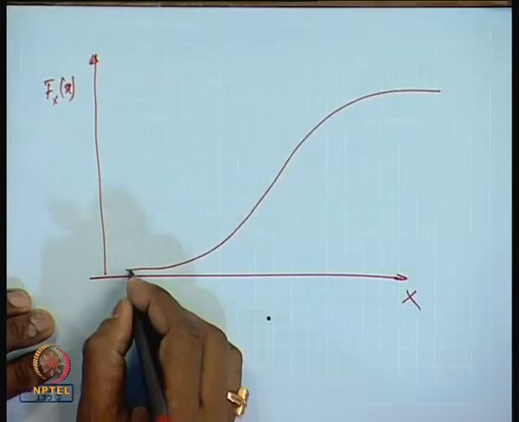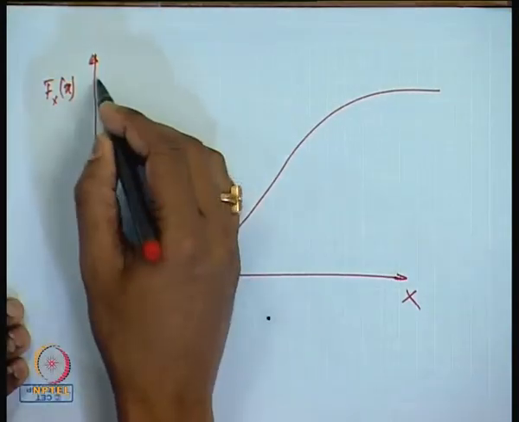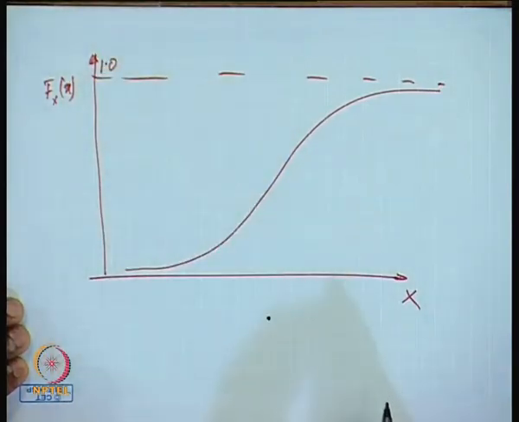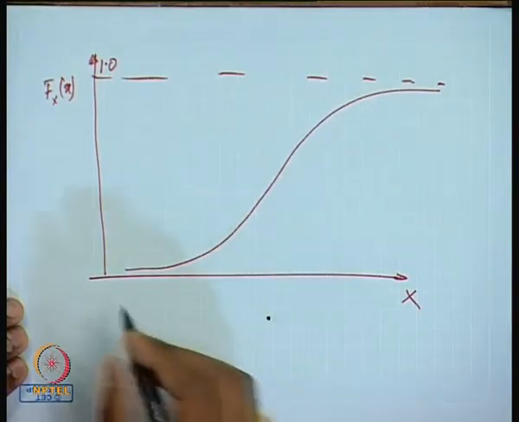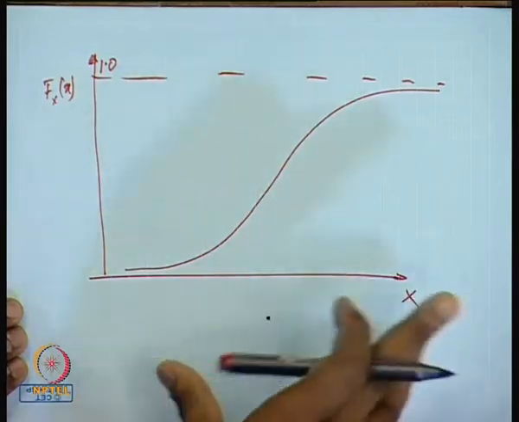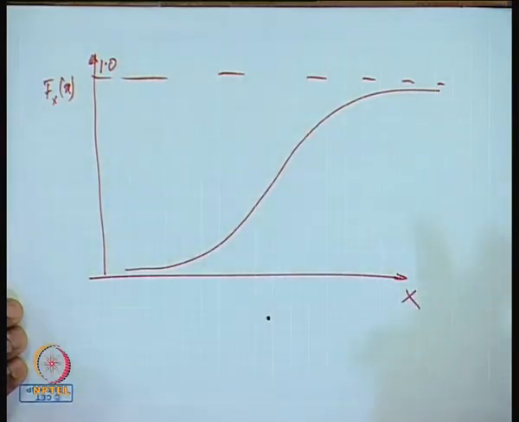It is asymptotic to 0 at minus infinity, and asymptotic to 1 at plus infinity. And we have also seen that for a standard normal distribution, from minus 3 to plus 3, almost all of the probability is exhausted.